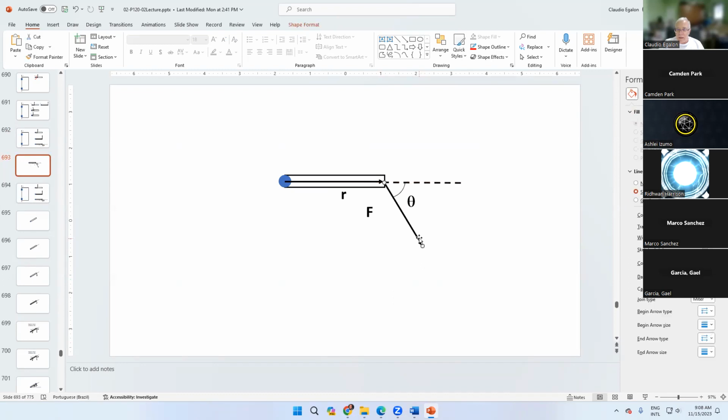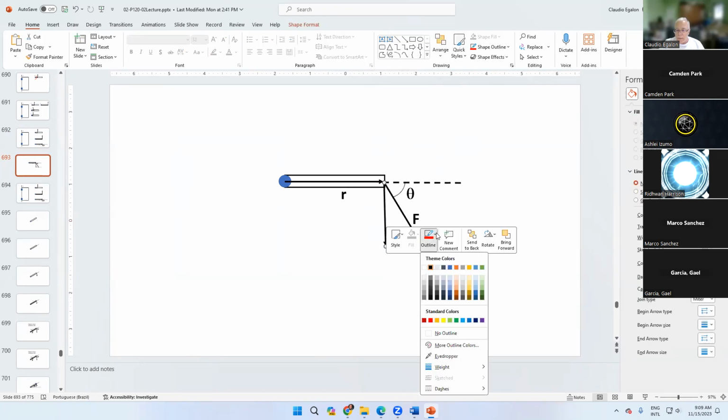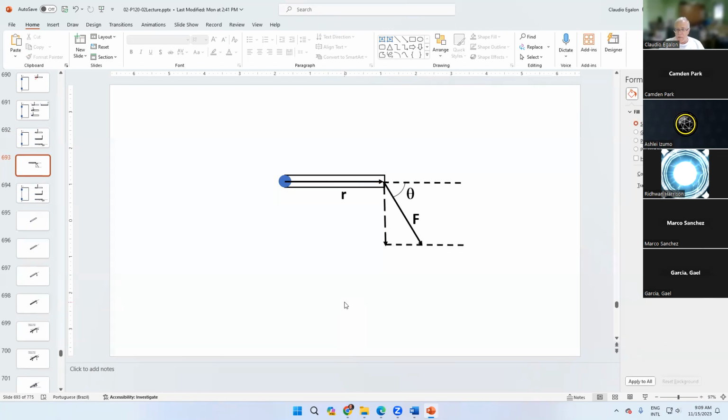Okay, so let's take a look at this component. Now we're going to have one component of the force here. I'll put the F right in here, and I'm going to dash it as well so you can understand that this is a component, just to illustrate that this is a component.